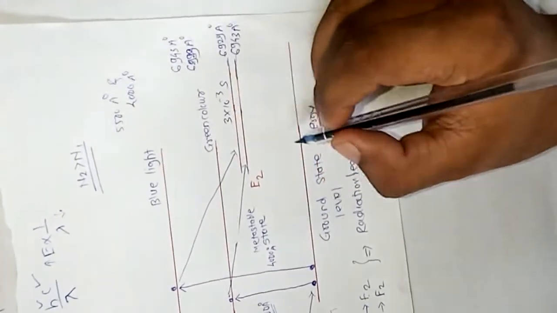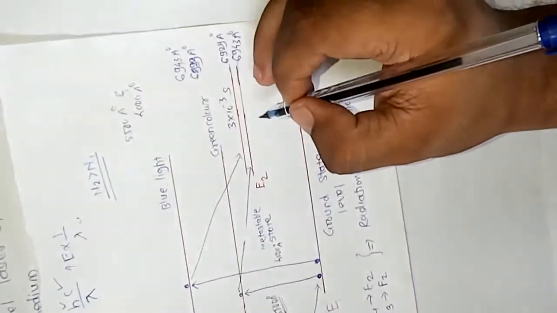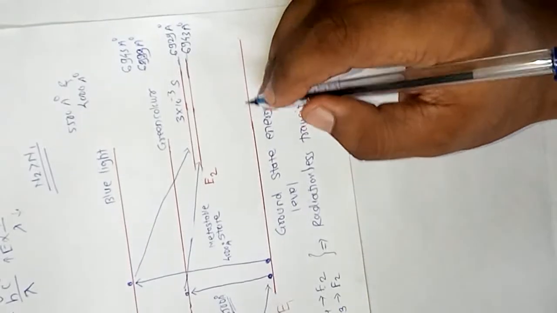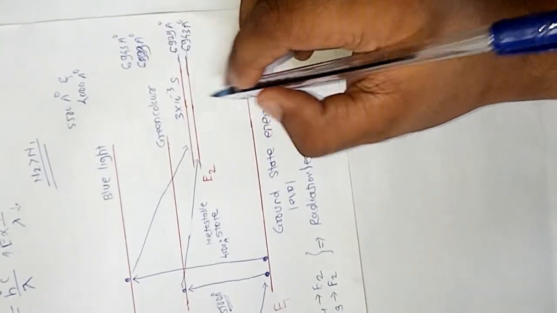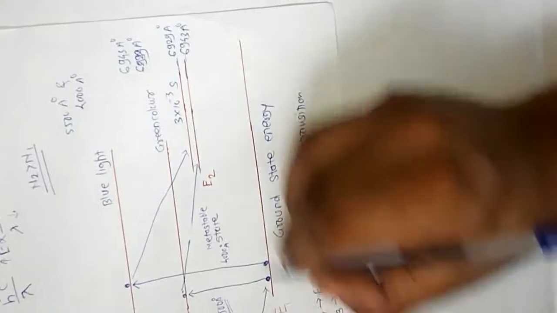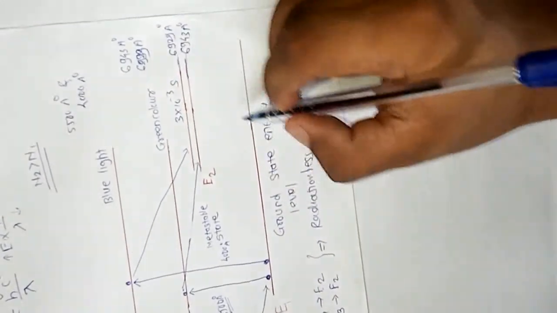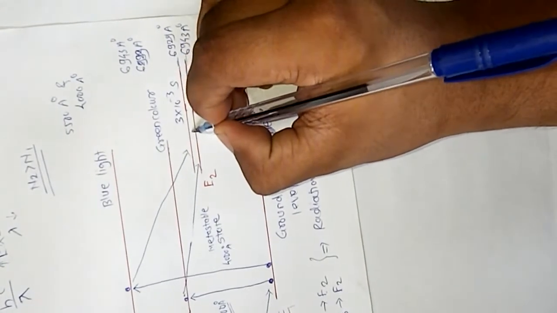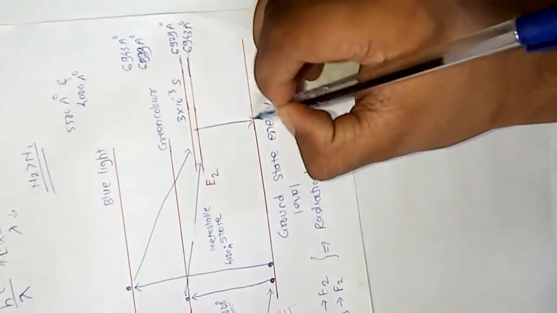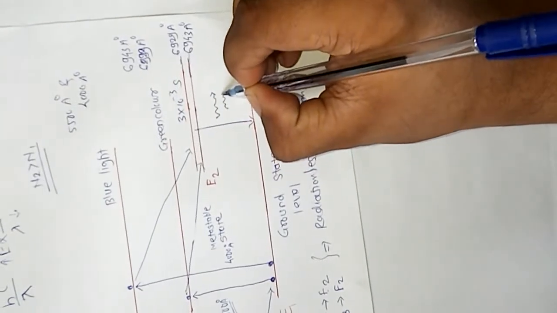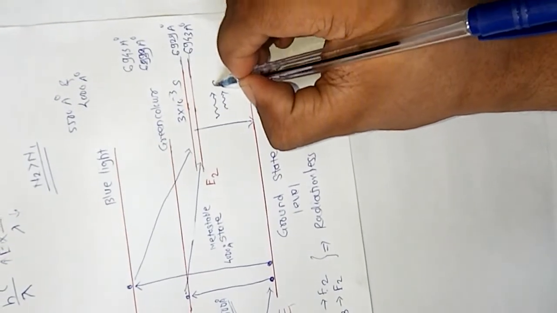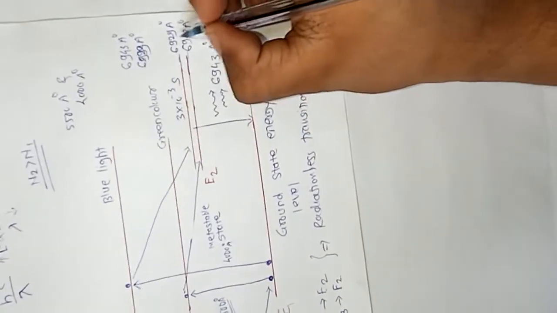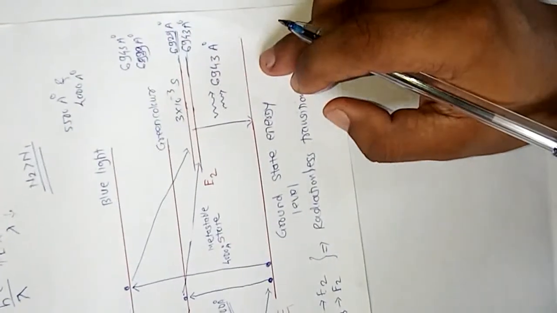So here, between energy level E1 and energy level E2, stimulated emission will take place by emitting energy consisting of wavelength 6943 angstrom unit and not 6929 angstrom unit.